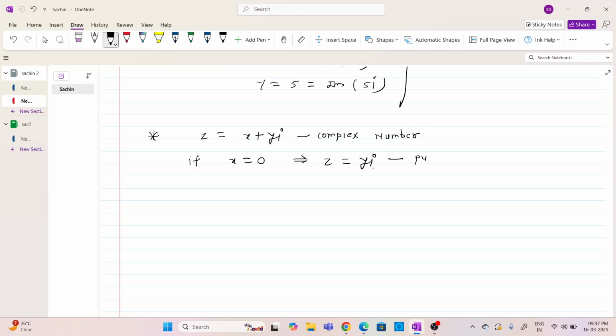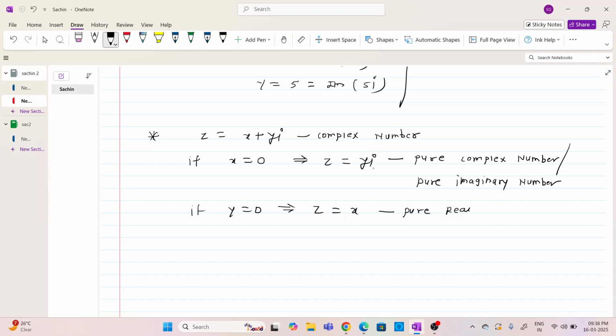That is the pure complex number, or you can say pure imaginary number. If y is equal to 0, then z is equal to x. That is, z becomes a pure real number, or you can say real number.